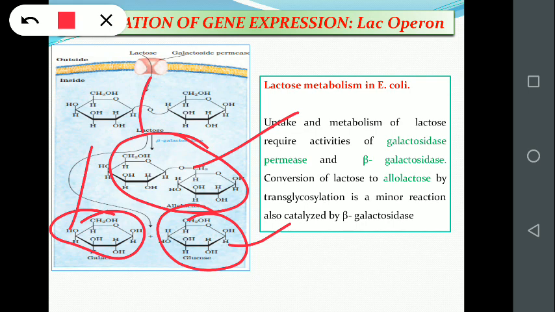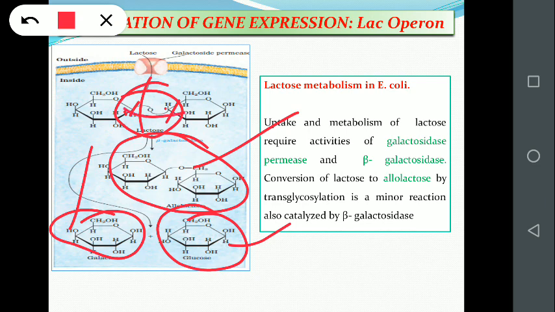The difference between lactose and allolactose is that in lactose we have a 1,4 glycosidic bond. This is carbon 1 and this is the fourth carbon, a beta 1,4 glycosidic bond in lactose.